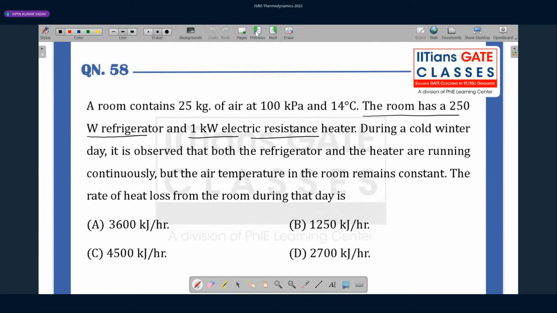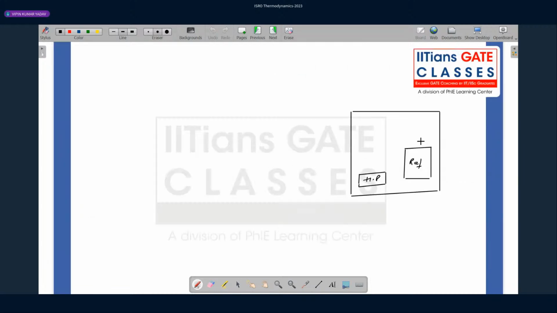It has 250 watt and a 1 kilowatt electrical resistance heater. So it is basically rejecting, generating Q refrigerator equals 250 watts, and the heater is generating 1000 watts continuously. This heat is added to the room, but the room temperature is constant, and while that is happening, some heat loss is also happening.